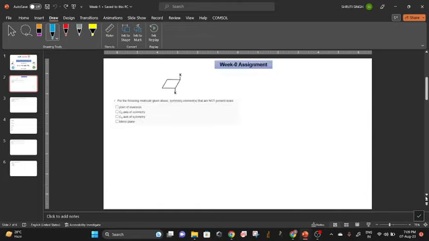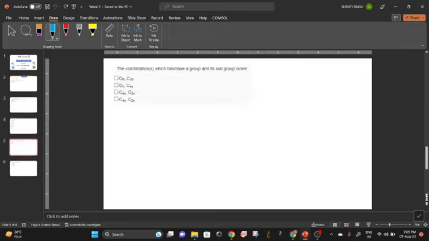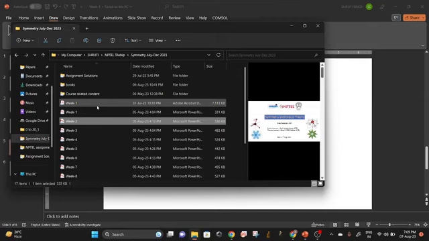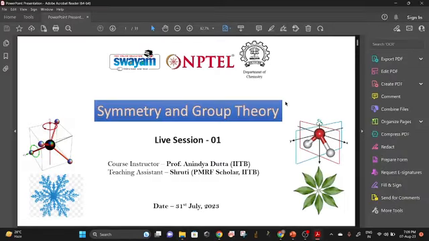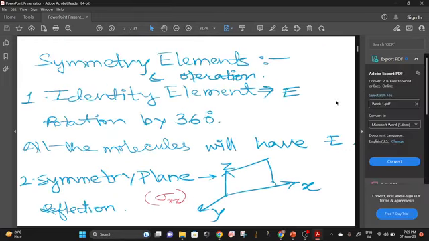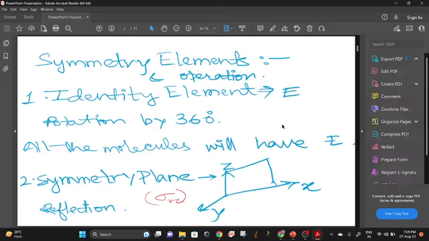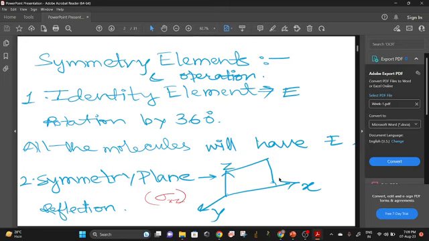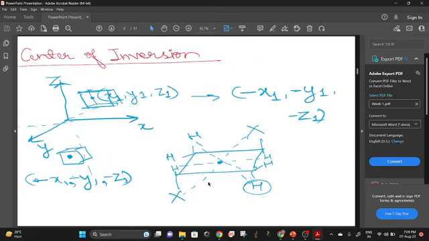Okay, so I'll just refresh the first session. We discussed the most important thing in the last session: the properties of a group, what properties should be there to constitute a group.